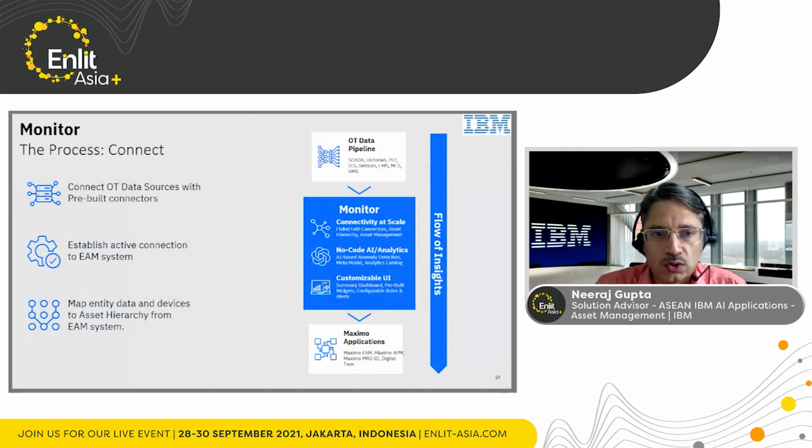Then you can also get data from your EAM system, and all that data is analyzed together using the tools provided under Monitor, like AI and anomaly detection, and then we can produce an output in terms of sending an alert or creating a work order to help manage that situation.